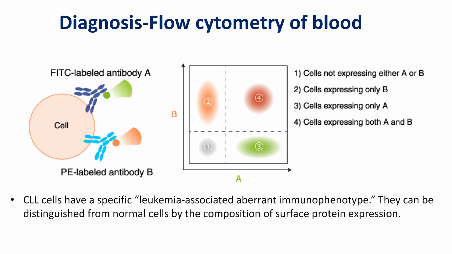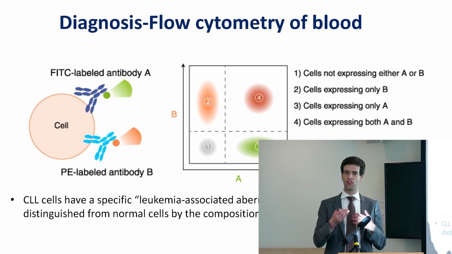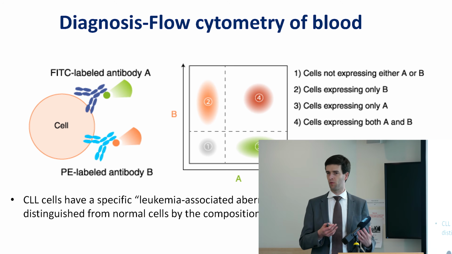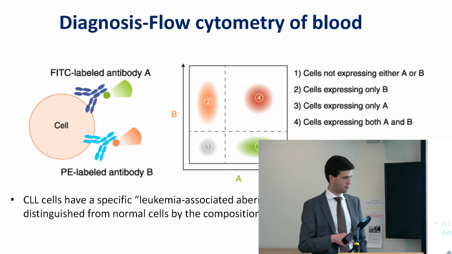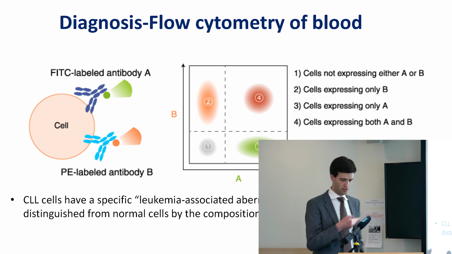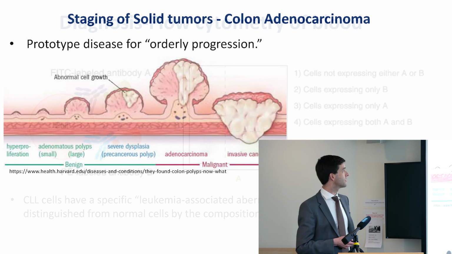If you put a fluorescent tag on the antibody and then put it through a machine, you can use special detectors to determine what antibodies are stuck to a cell. So you can see CLL cells express abnormal amounts or abnormal proteins and can be distinguished from a normal B cell. So if you hear the term flow cytometry, that's what this is referring to.